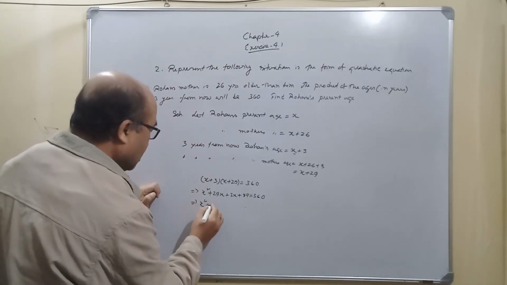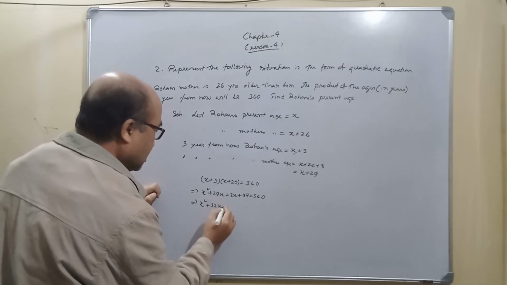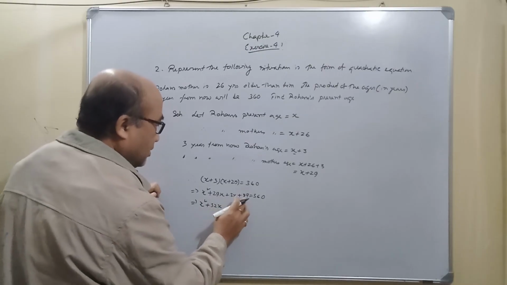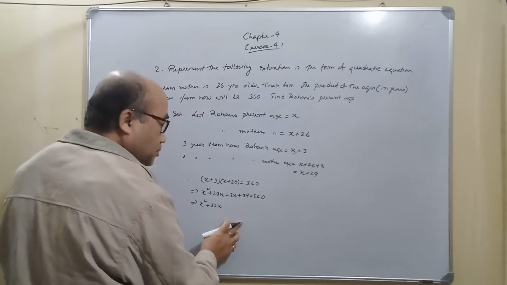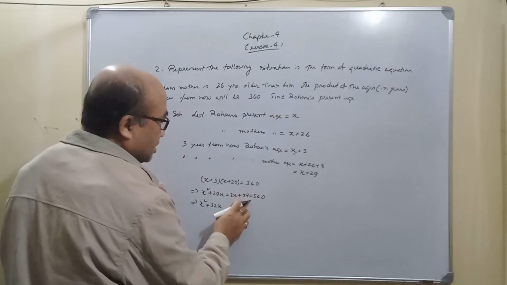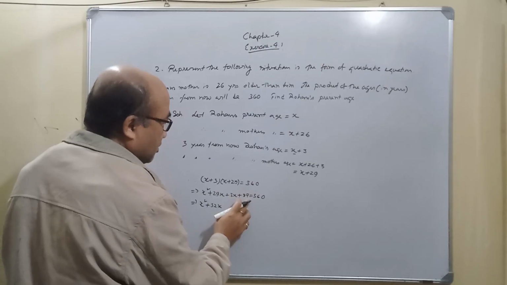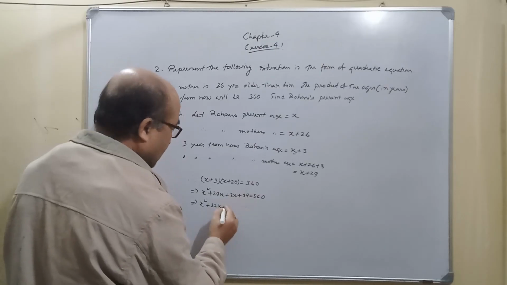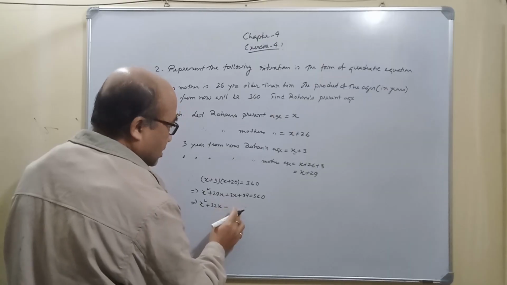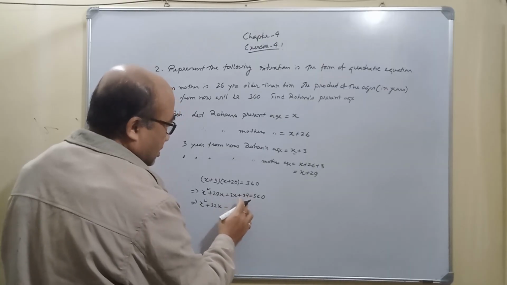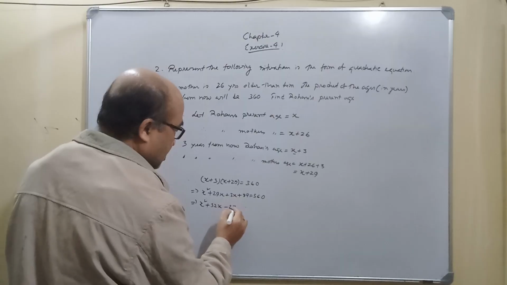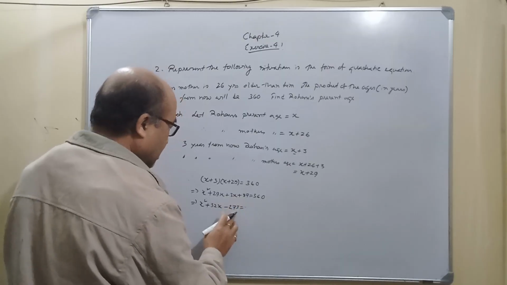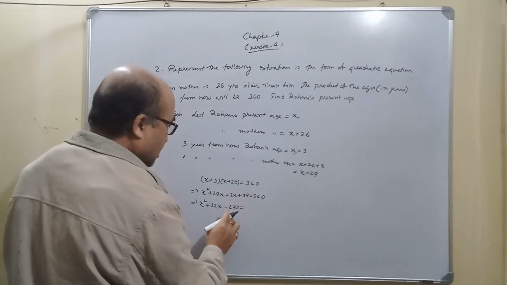x square plus 32x, 87 minus 360, how much? Shifting it to the left hand side, it's minus 273, right?